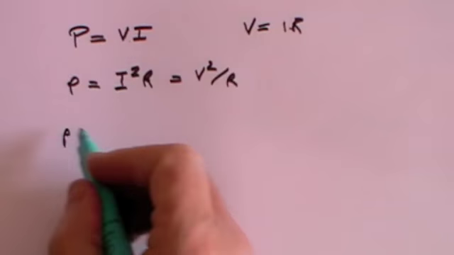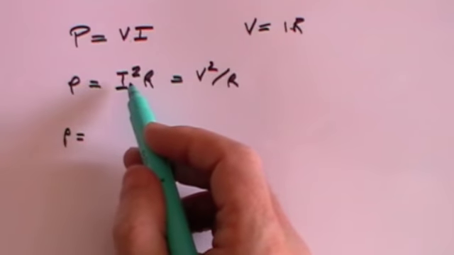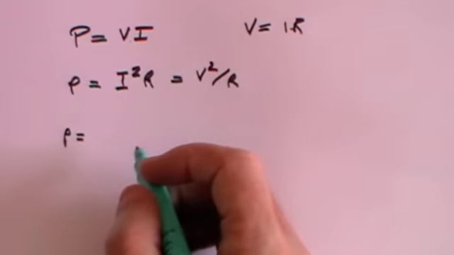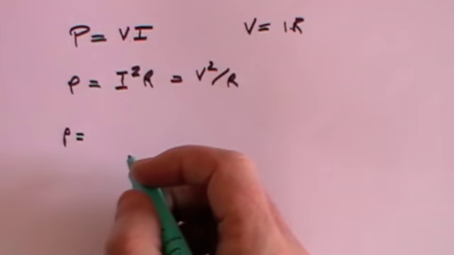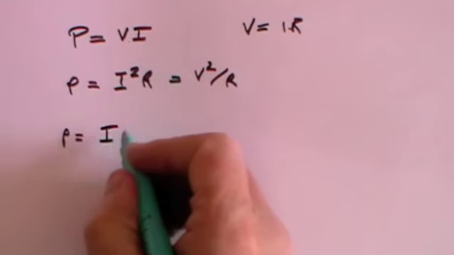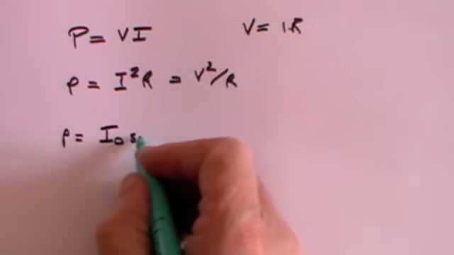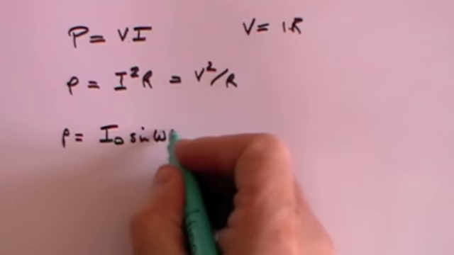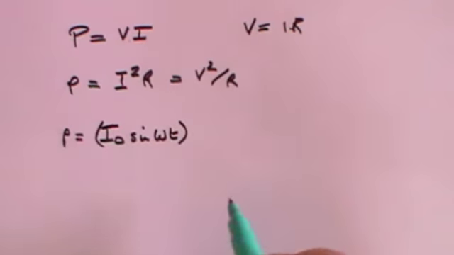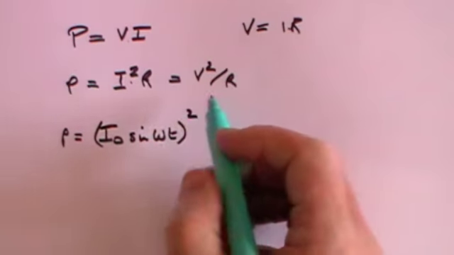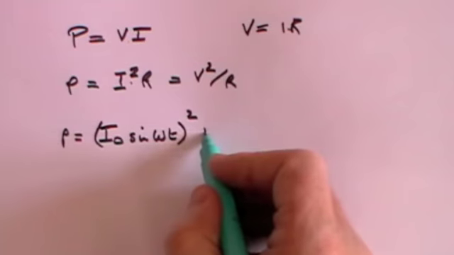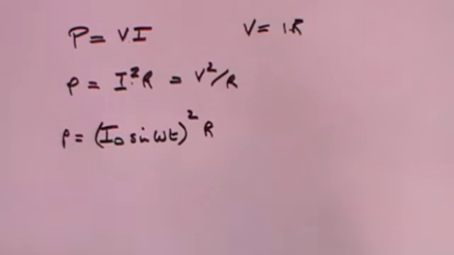So the power is equal to, let's take this one first, I squared. Well, we said that at any given time, the current is constantly changing with alternating current, and I is equal to I naught sine omega t. So I squared will be that term squared, and if you want the power, you've then got to multiply that by the resistance.